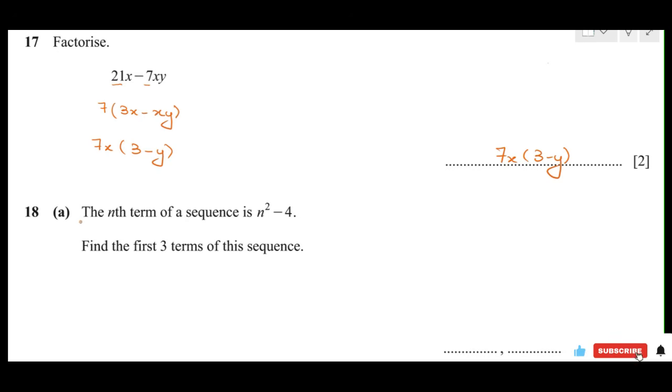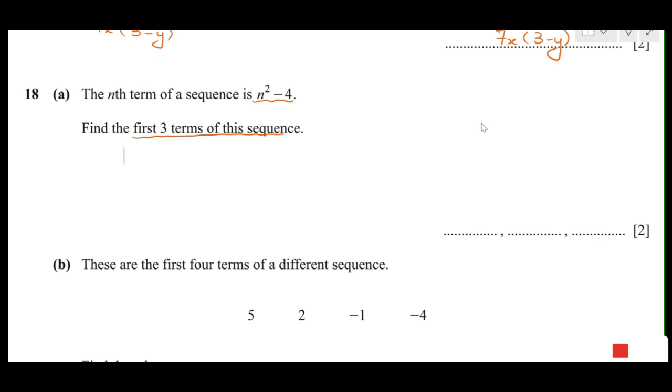Question number 18, part A. The nth term of a sequence is n squared minus 4. Find the first 3 terms of this sequence. For the first term, n is 1, so 1 squared minus 4. For the second term, n is 2, 2 squared minus 4.